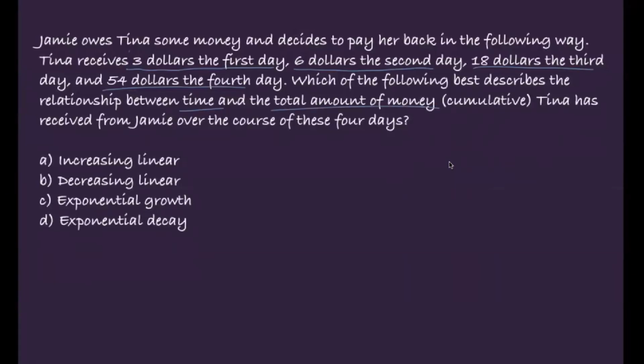As you can see, every day is a different value. It is not a constant value, so it cannot be linear. So it has to be exponential, but is it growth or decay? Well, Tina is getting the money, so all this money is added to Tina. So it has to be increasing. So this is exponential growth.